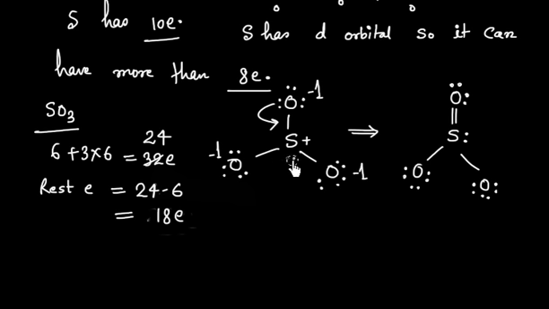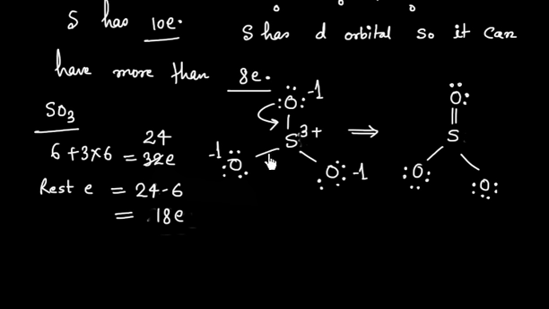So there is no electron on sulfur, and the formal charge is 3 plus, because sulfur has 3 fewer electrons. Are you getting? So sulfur will have 3 plus formal charge.